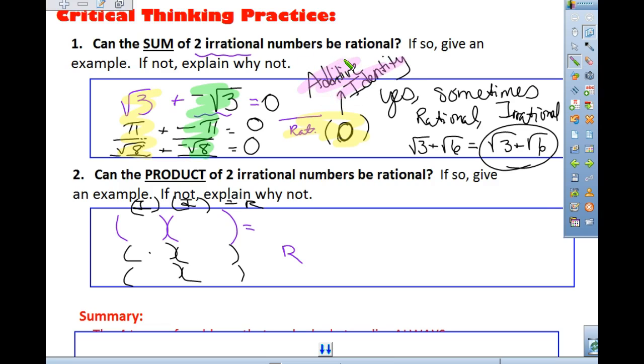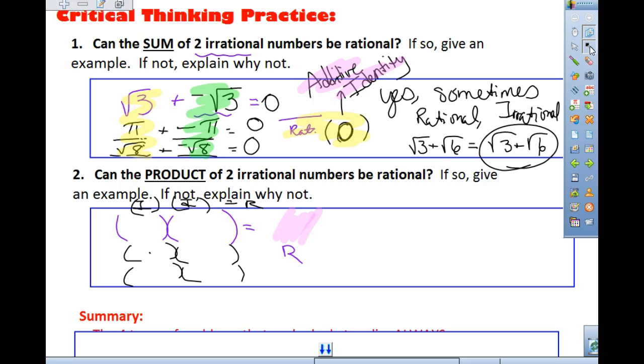Additive identity. And the one that you're going to get here is not the additive identity, but it has to do something with that word product. Okay? So right now, try and write out some multiplying ones. Start with an irrational.